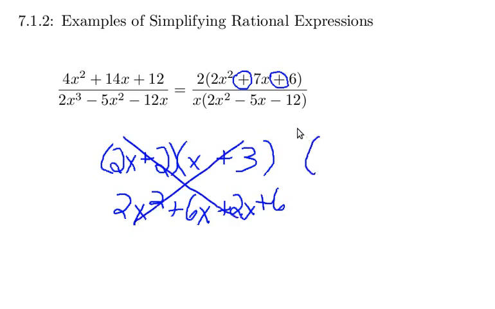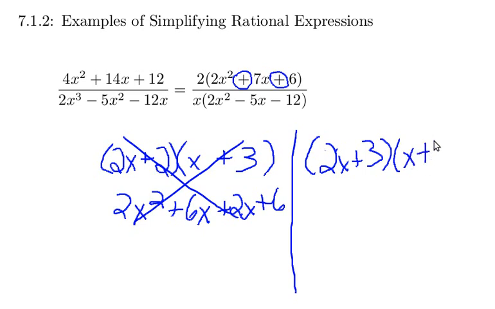Let's try it over here. I'll put a divider for 2x plus 3 times x plus 2. And in retrospect, this is a little bit abstract, but I can see now why that didn't work, because we had a 2x plus 2.